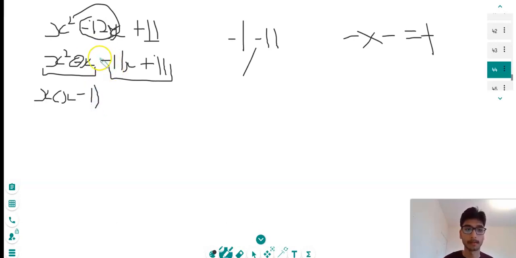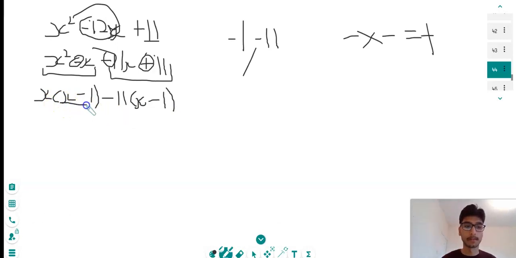And then from this we can see 11 is common in both of these terms. So we have minus 11 outside, and inside we have x, because minus 11 times x gets you minus 11x. And then we need to be careful here because this is a plus and on the outside we have a minus. So remember, minus times minus gets you a plus. So it wouldn't be 11 times 1, it would be minus 11 times minus 1 to get the positive 11. So you have to have a minus 1 inside the bracket.